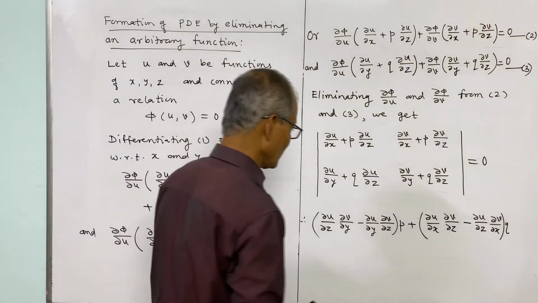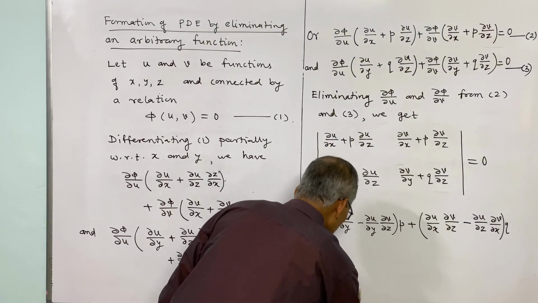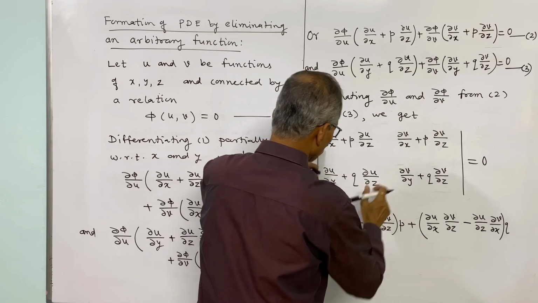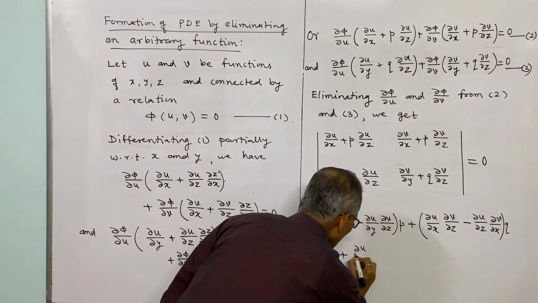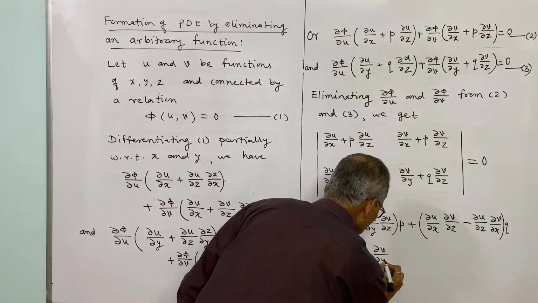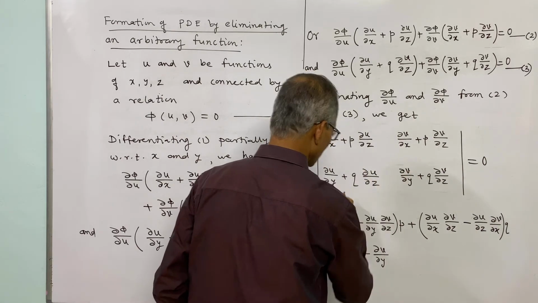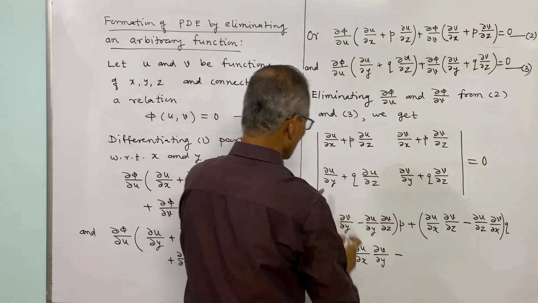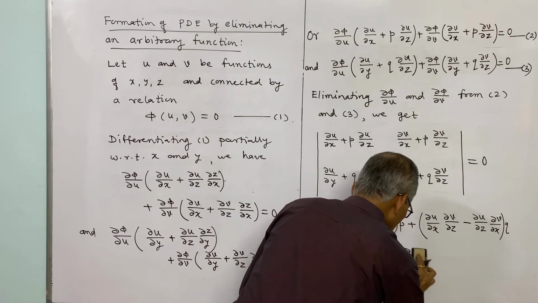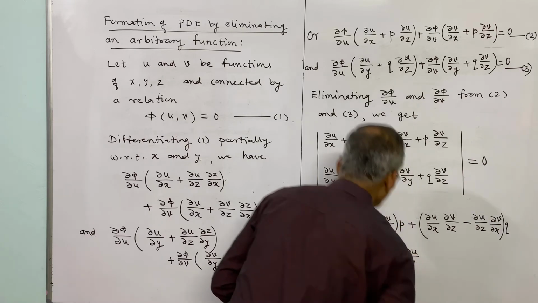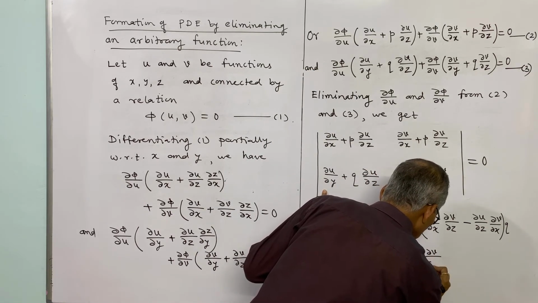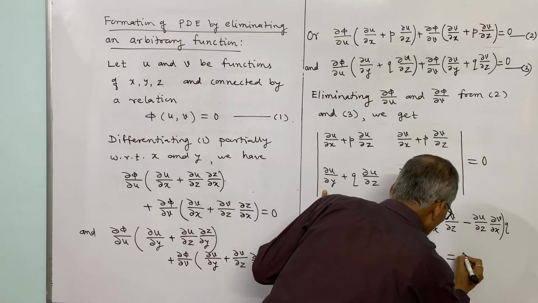And what are the remaining terms? We write ∂u/∂x times ∂v/∂y, minus ∂u/∂y times ∂v/∂x, equal to 0.